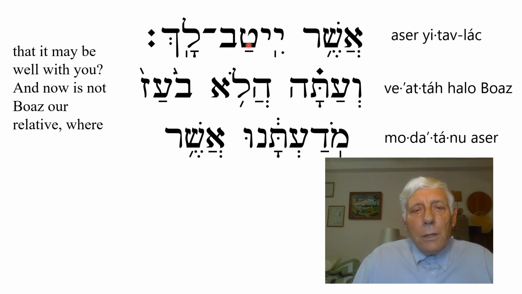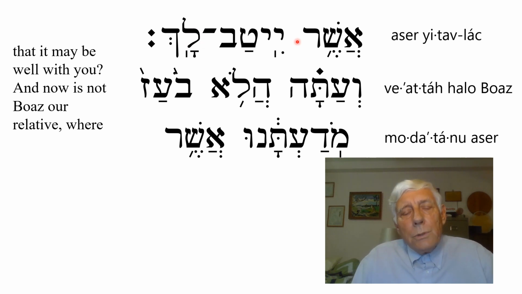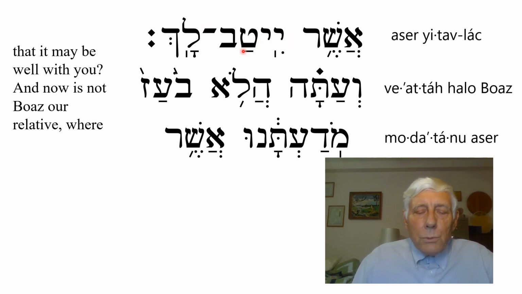So shouldn't I seek tov for you, which is good for you, which is well for you? It goes well with you. Incidentally, in the previous versions of this word, those have been nouns. This one is a verb here, yitav.